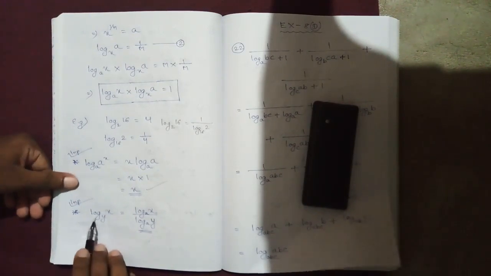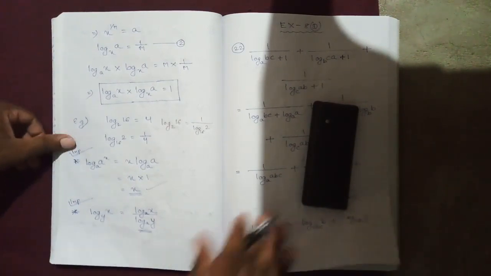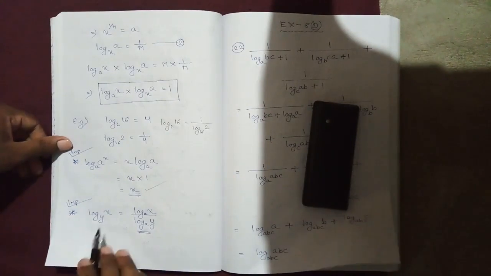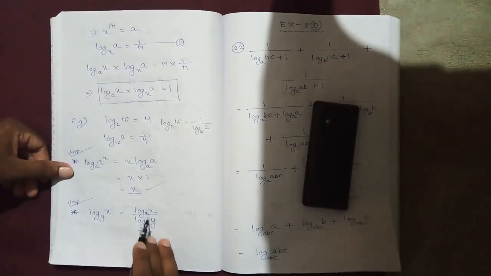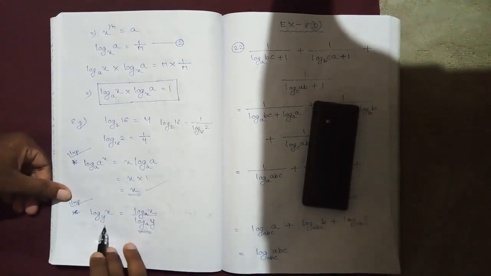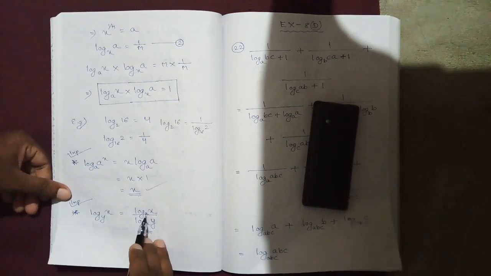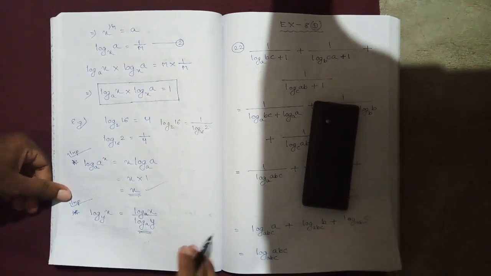One more concept, log x base y is equal to log x by log y, by taking the same base, any base you can take. Log x base y, you can introduce a new base, suppose a. Log x base a by log y base a.